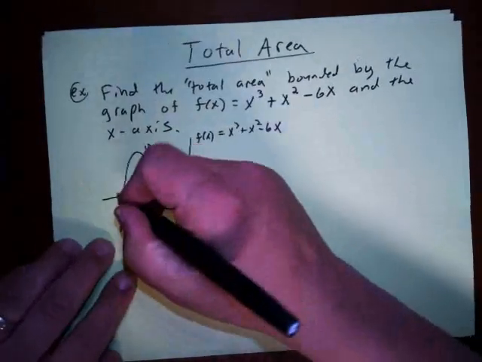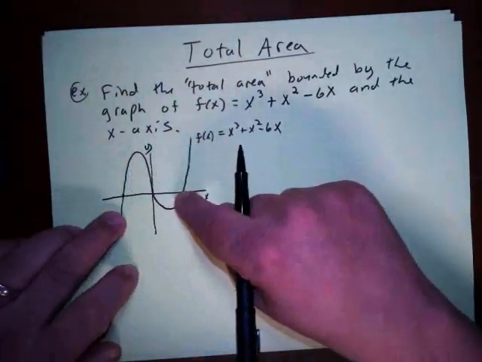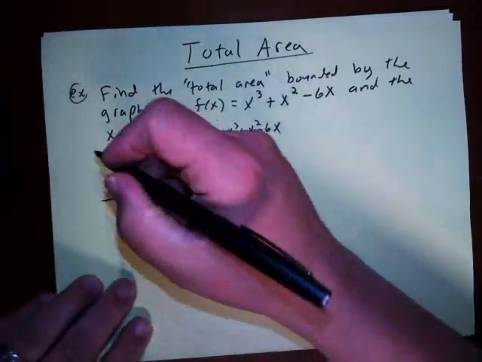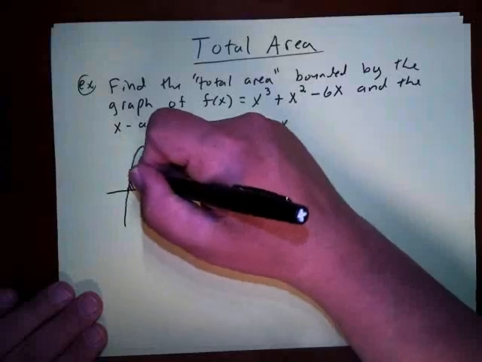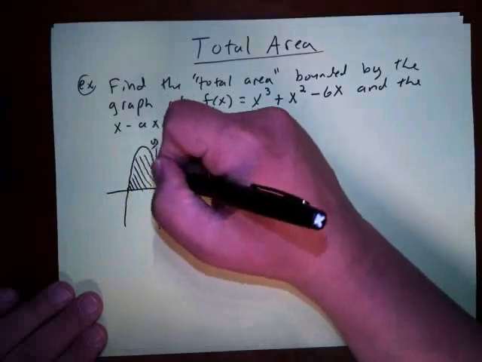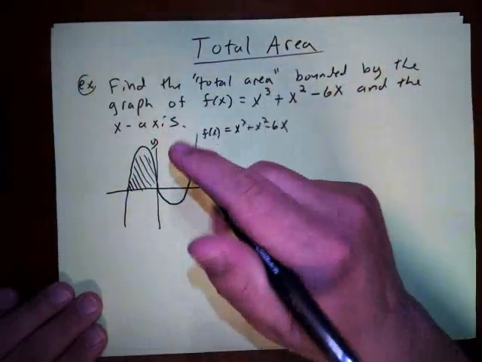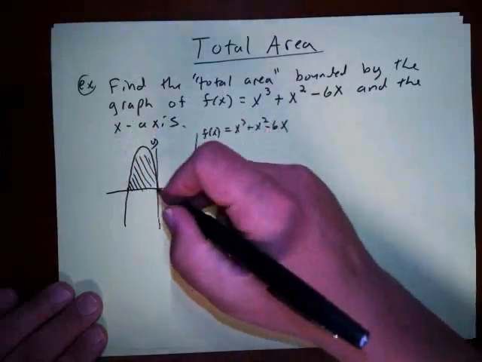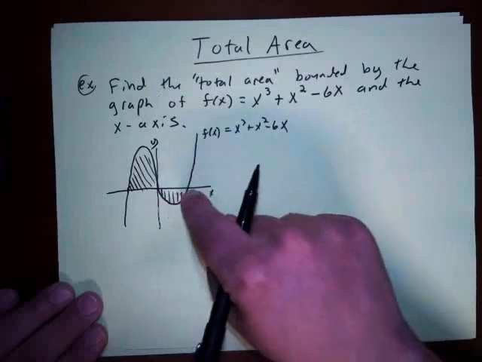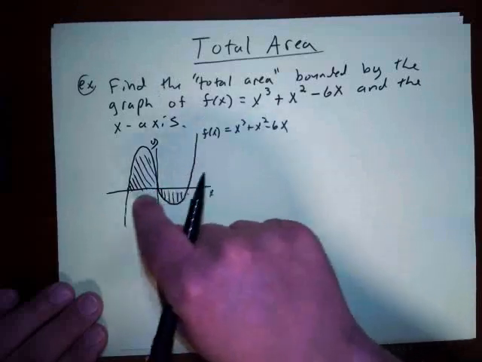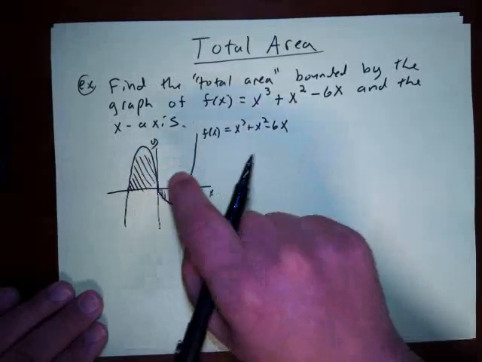Okay, so here's what I mean by total area. If I let this be like a and this be b and I integrated, I'm not going to get the total area under the curve. And by that I mean I'm not going to get the total area that's bounded by the graph and the x-axis. So this would be the area for this one, and this is the area bounded by the graph and the x-axis.